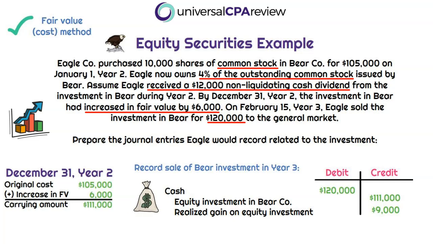So make sure you understand, and this is very important, that for each reporting period, we will value it at fair value and report or record the unrealized gain or loss. And then in the year that it's sold, when we can realize a gain or loss, it's only going to be the change from that most recent balance sheet period. So very important to understand.